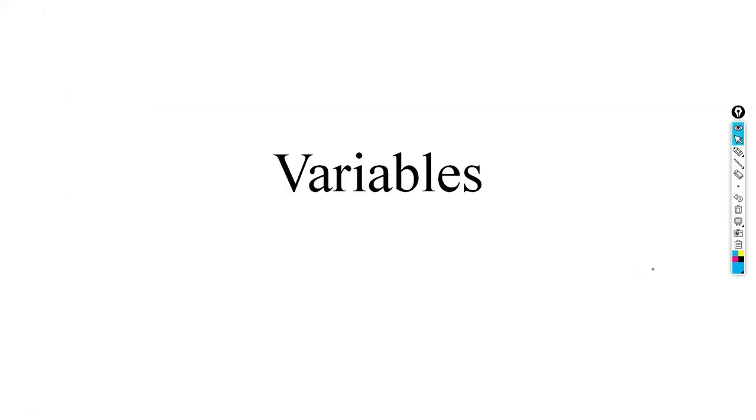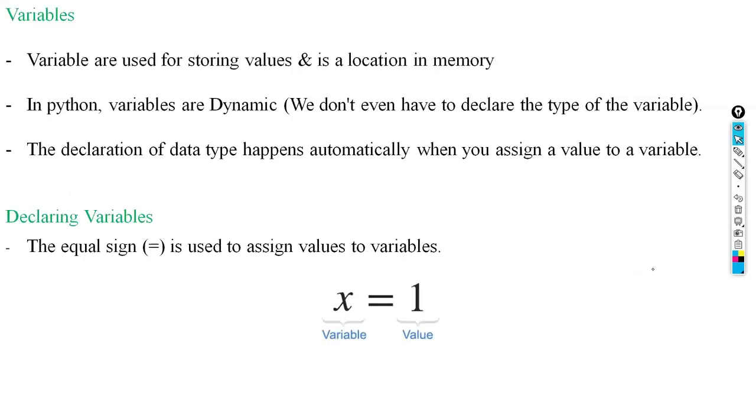Now, next one is variables. Concept number 3 is called variables. Now, what is meant by variables? Variables are nothing but a memory location to store the values. Values we have already seen. To store them, we are going to use the variable. For example, assume that you have some money, 5 lakh rupees.